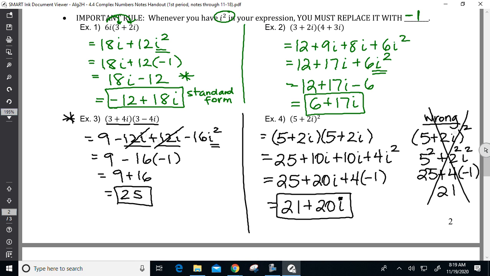All right. Not seeing or hearing any, so let's switch to dividing.